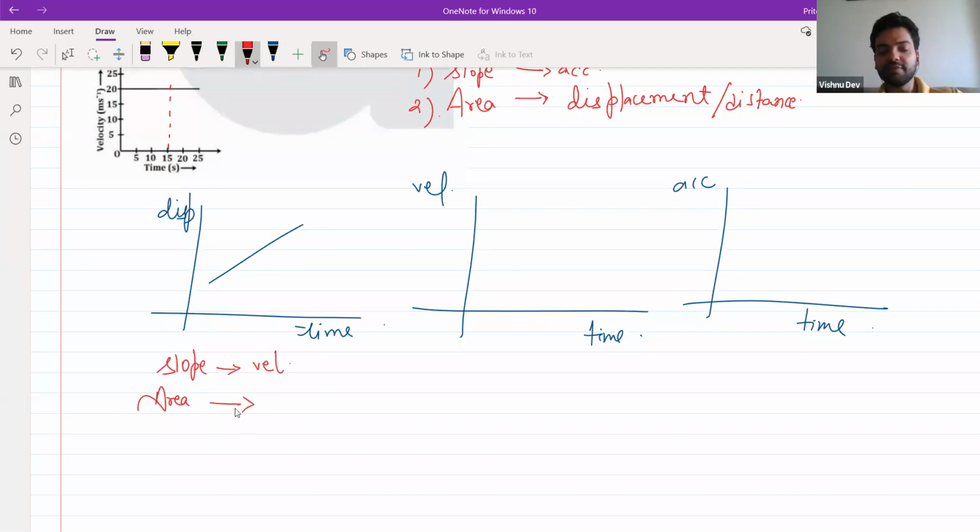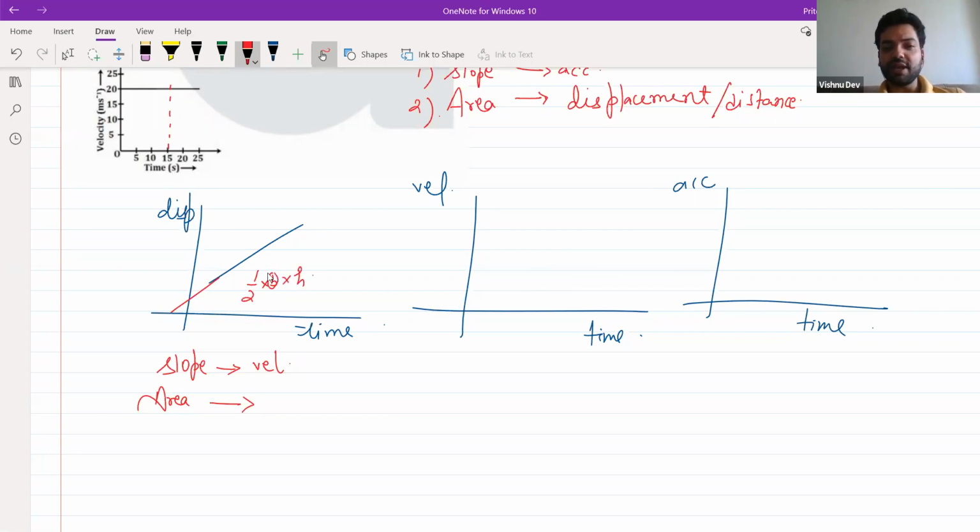What will its area give? Area won't give anything. Why will it not give anything? Just try to find the area. Let us say I will find the area of this triangle. So it will be half into base into height, right?